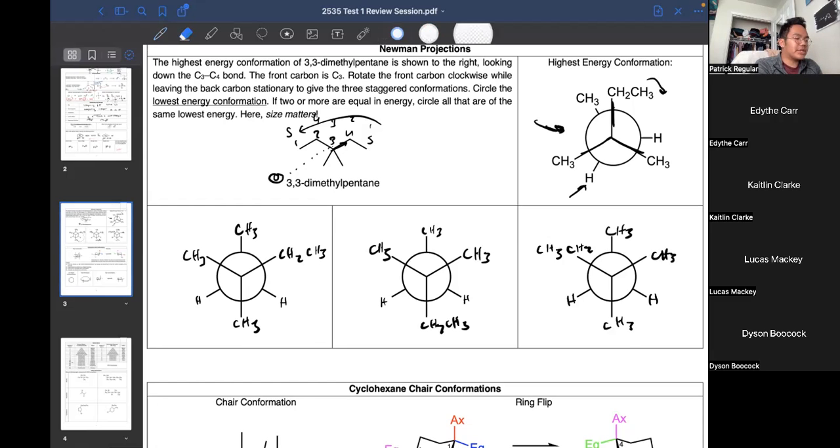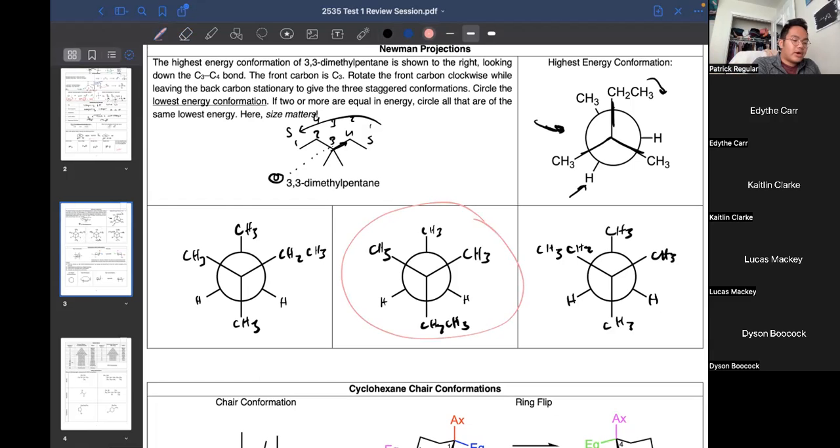And the big thing I would suggest is reading, because you have to circle the lowest energy conformation. Out of these three, which one has the lowest energy? The middle one, because it has the least amount of steric strain. Because these are in staggered formations, torsional strain is out of the picture. There's no bond angle strain because it's not cyclic, so you only have steric strain.